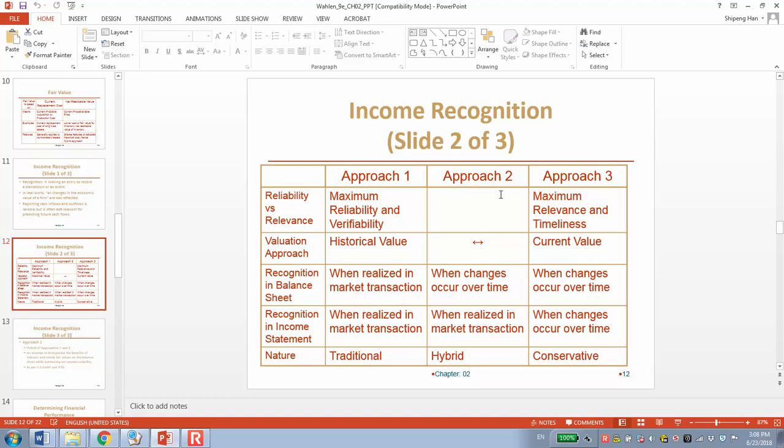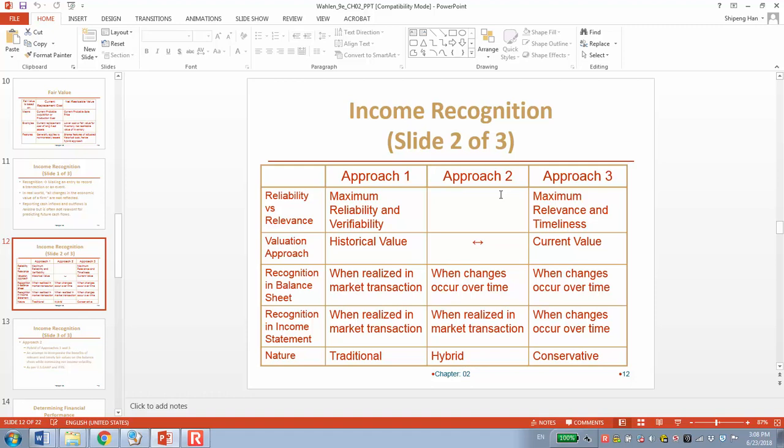So we know the financial assets, every day the value of the financial asset changes, right? So if a firm invests as a shareholder of other firms, the value of this financial investment actually can go up or go down.